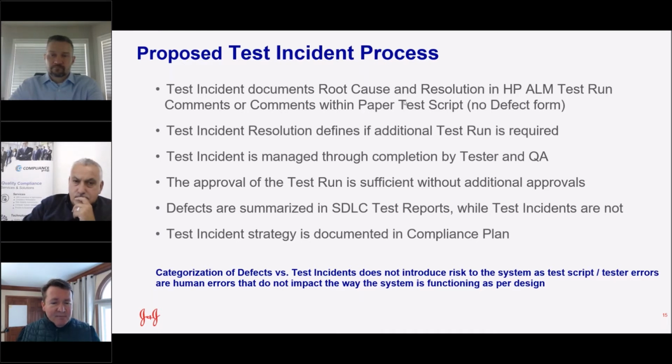And then defects. Here we're separating a test incident from a defect. Defects are summarized, at least for us, in our SDLC deliverable. Typically in our compliance summary report, there's going to be something about defects, and whether they were all resolved. But the incidents are not.